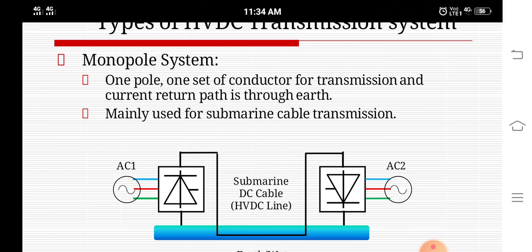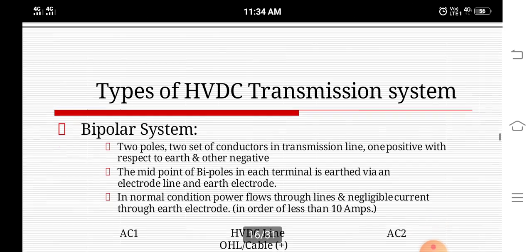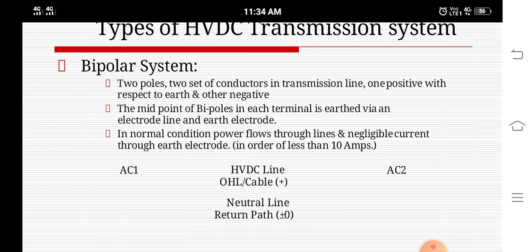Then a metallic return may be used where earth resistivity is too high. Example, a submarine system.